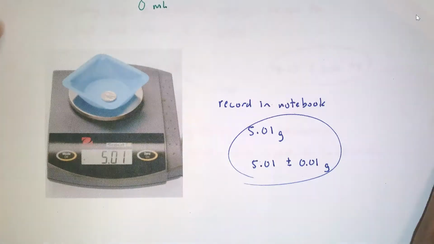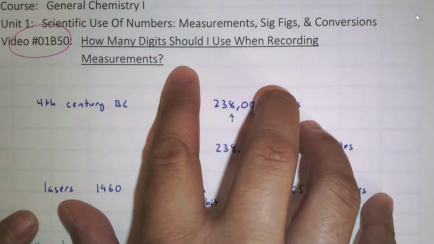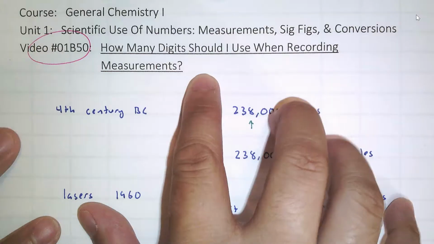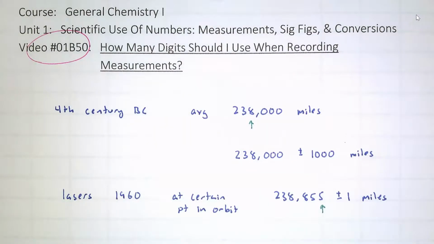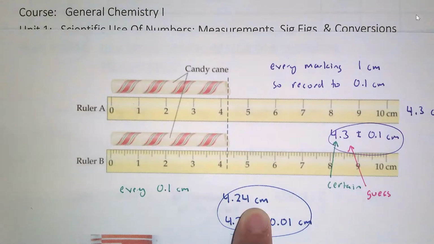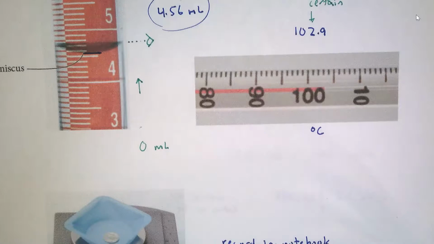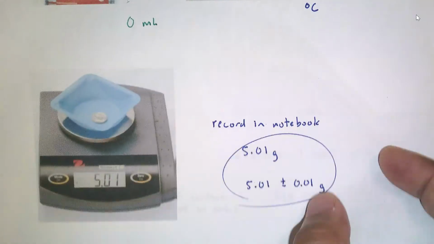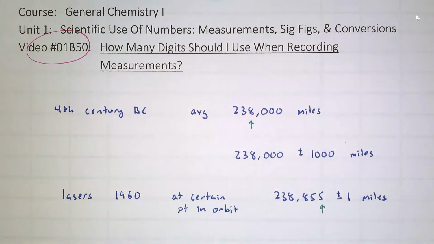That is all I want to say for this video: how many digits should I use when recording measurements? In the next video, I believe we're going to look at SI units, centimeters, grams, and then after that, significant figures.